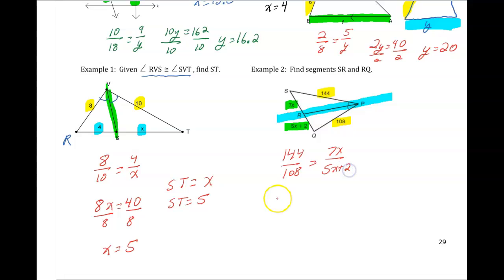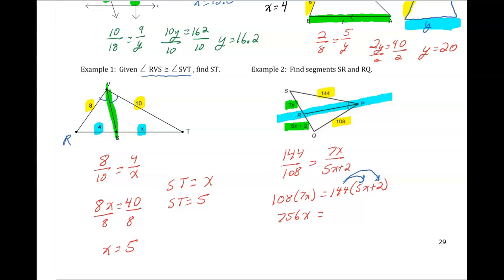When we multiply, 108 times 7x is equal to 144. Make sure you include parentheses here: 5x plus 2. So 108 times 7 is 756x equals, make sure you distribute that 144 to both values.